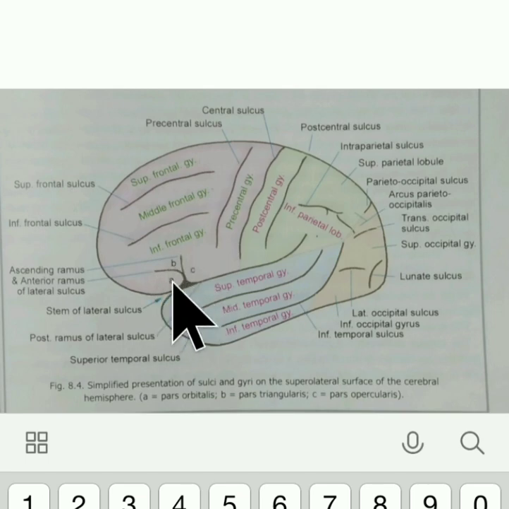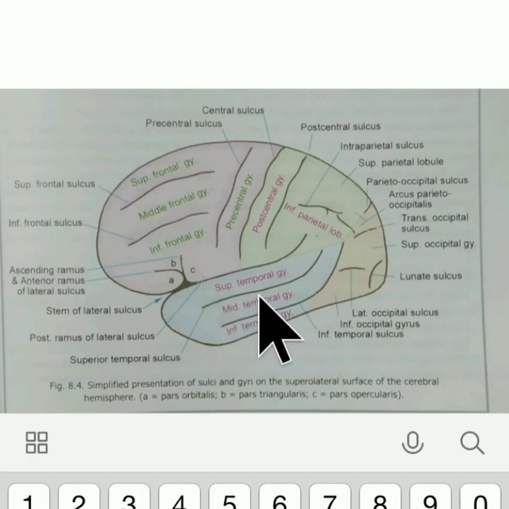The part below the anterior ramus is the pars orbitalis, the part between the anterior and ascending rami is the pars triangularis, and the part posterior to the ascending ramus is the pars opercularis.